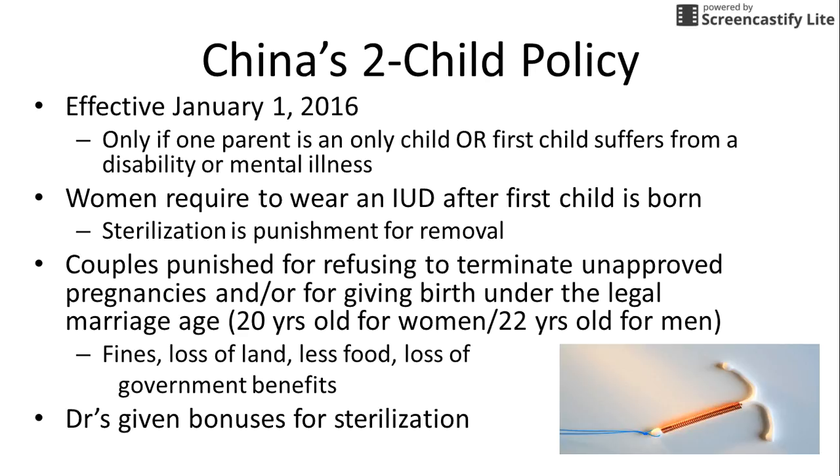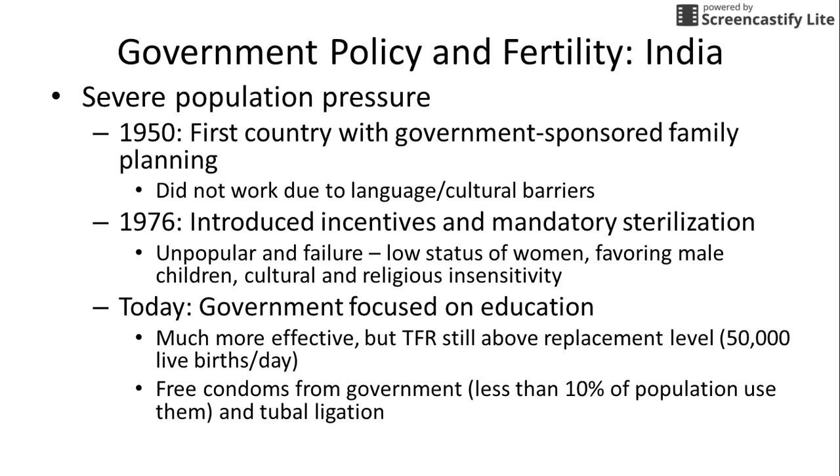So they are actually forcing birth control, and couples are punished for refusing to terminate unapproved pregnancies. There are lots of fines, loss of land, being given less food, and loss of government benefits. Doctors also are given bonuses for sterilizing women.